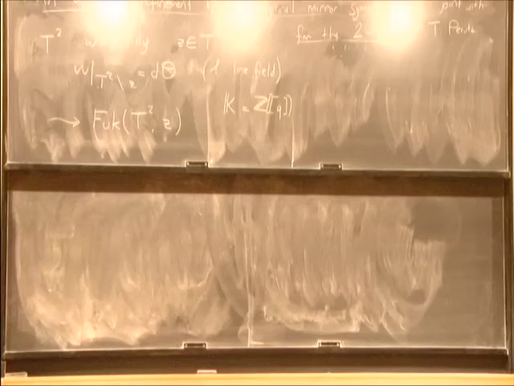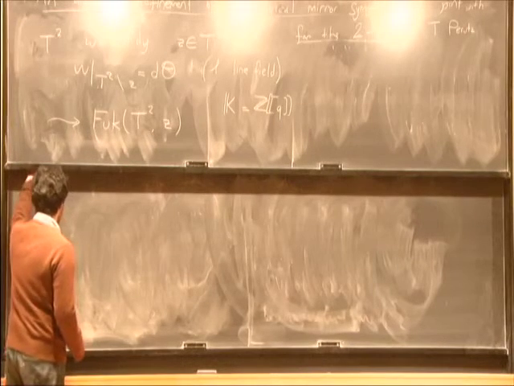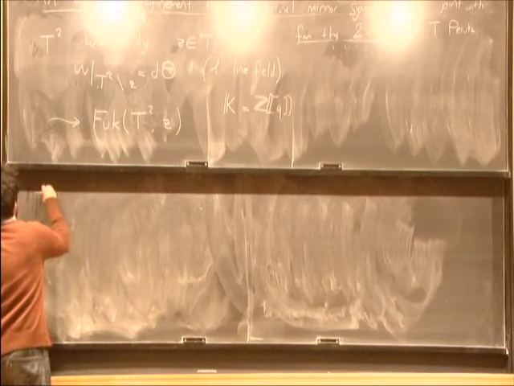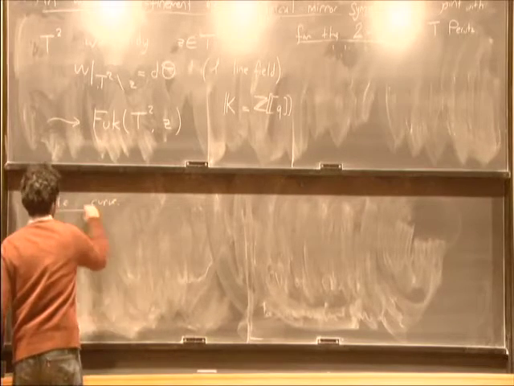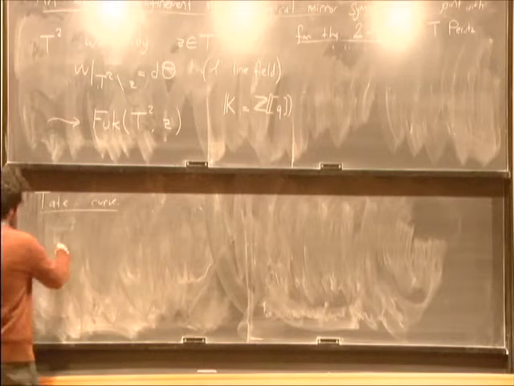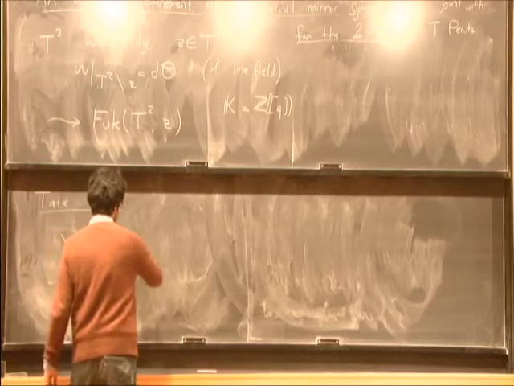What's the other side? The other side will be what's known as the Tate curve. This is an explicit algebraic curve. It has this equation. Let's see if I remember it.